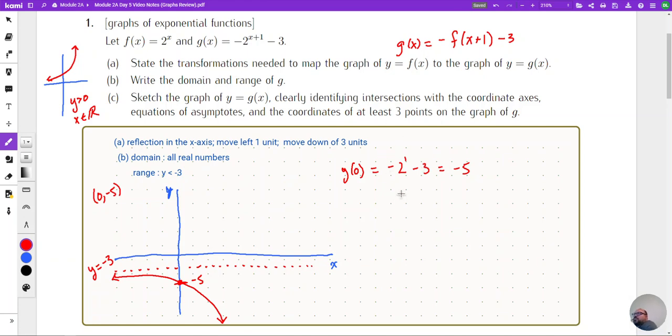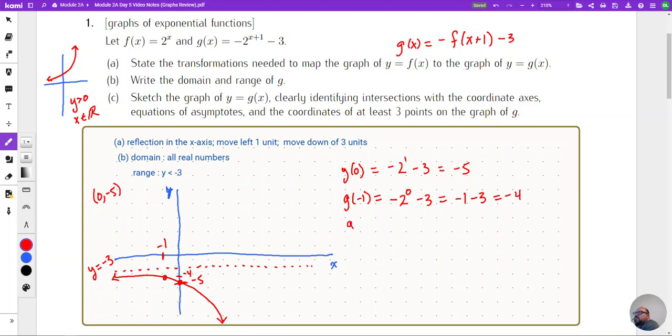Now, for other points that might be easier for us to determine, let's say x was negative 1. If x was negative 1, I have negative 2 to the 0 power minus 3, which would be negative 1 minus 3, and that would be negative 4. So I know that at an x value of negative 1, the y value is negative 4. There I have that point.